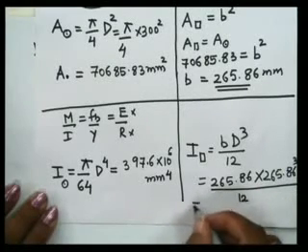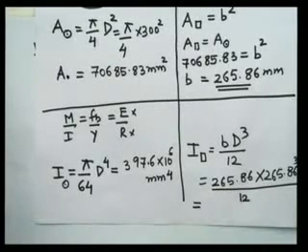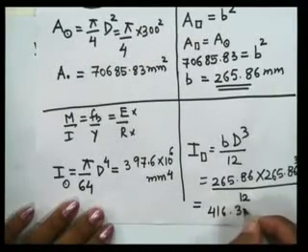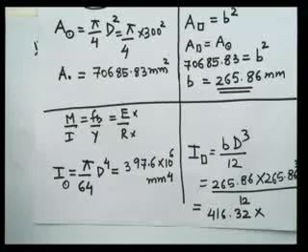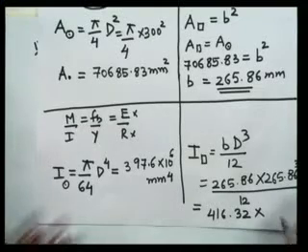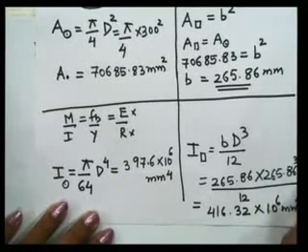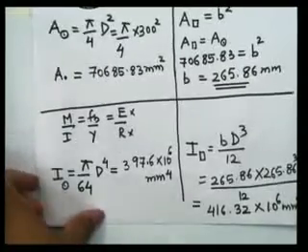We get the answer as 416.32 into 10 to the power 6 mm to the power 4. So we have calculated the moment of inertia for both cases.